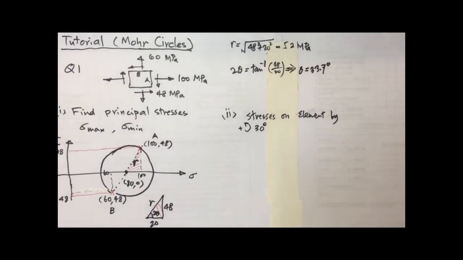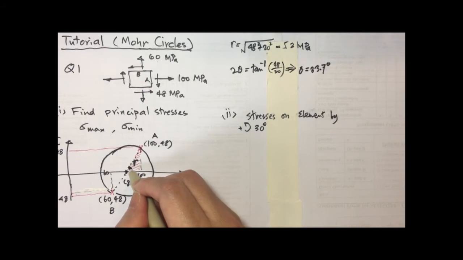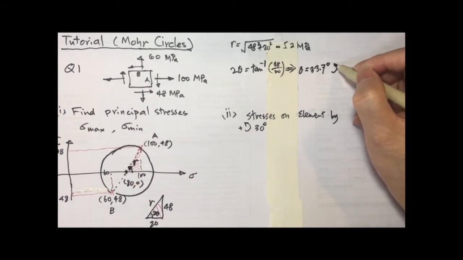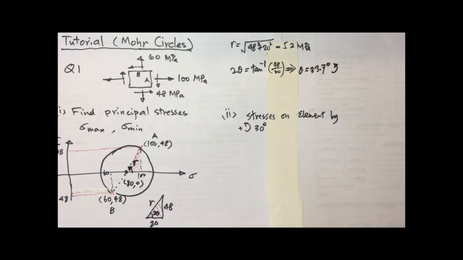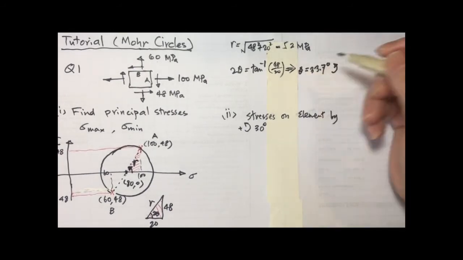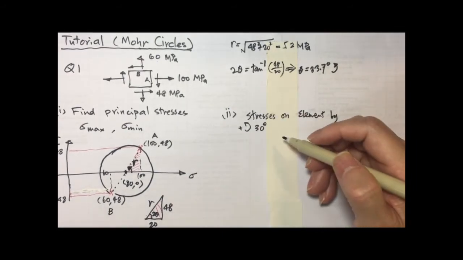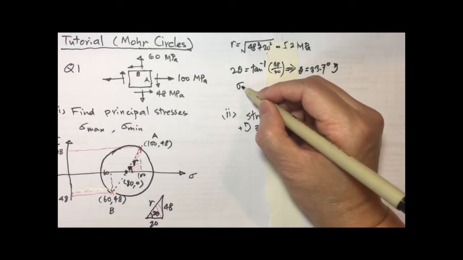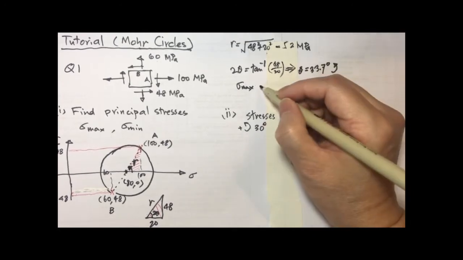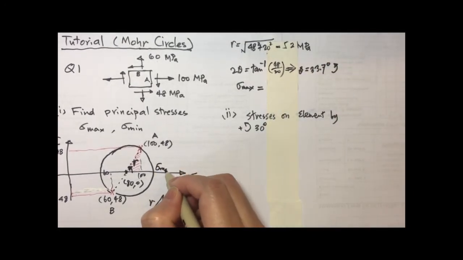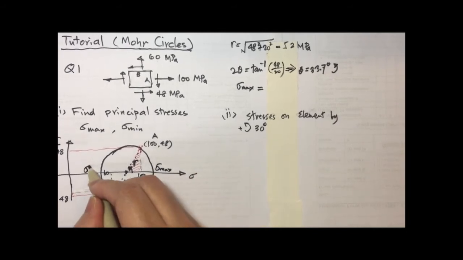Now please note that it's rotated in counterclockwise direction. So you got theta. So what's the sigma maximum? Very easy, right? That is sigma maximum, and that is sigma minimum.